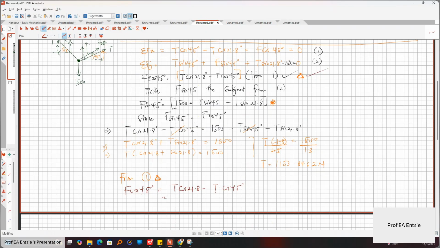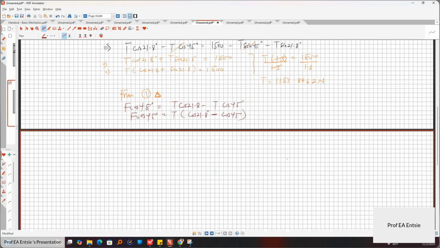We factor T out, so T into bracket cos 21.8 minus cos 45 degrees equals F cos 45 degrees. You are looking for F.